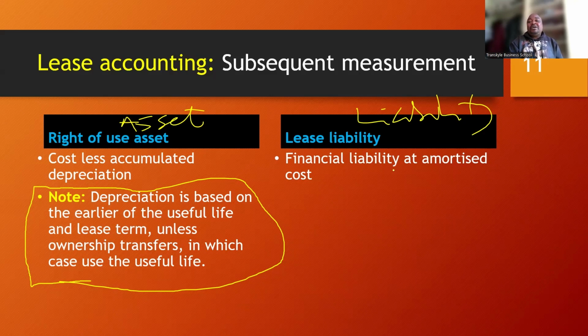This is the subsequent measurement for the lease liability. It is considered a financial liability at amortized cost, which means we need to use the amortization table for the lease.